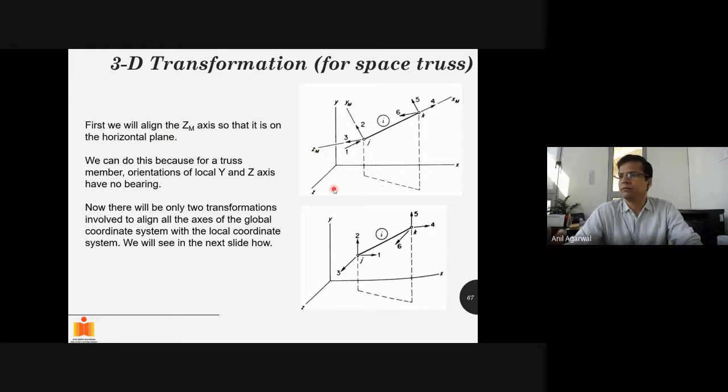But whenever we do a rotation of any coordinate system, we have to do a transformation of that one, whether it is local coordinate system or global coordinate system. But in this particular case, we said that we don't have to do any transformation matrix for this operation. What was the reason for that?